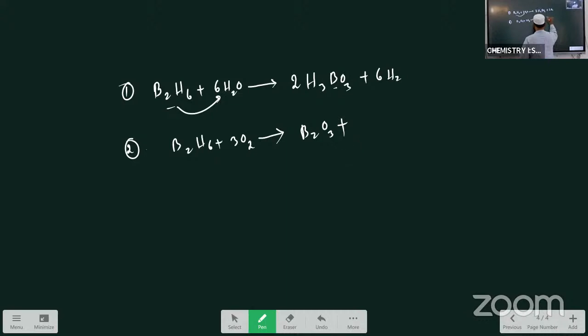So this is about the reaction of diborane with oxygen. When diborane is heated with oxygen, it forms B2O3, boron trioxide.